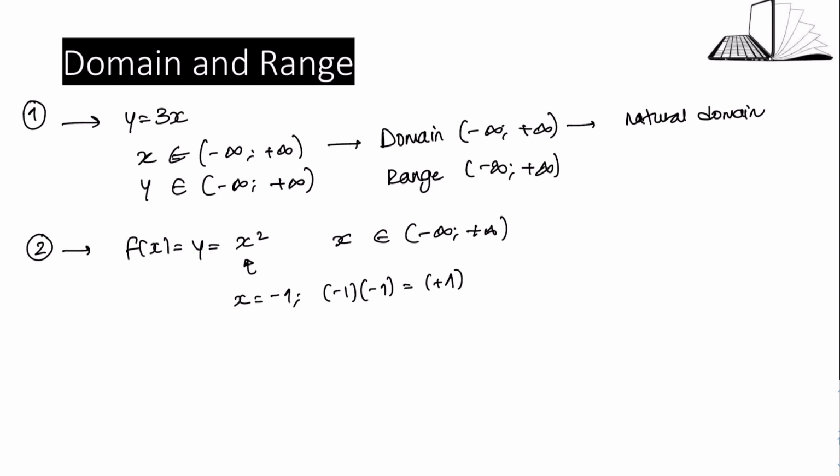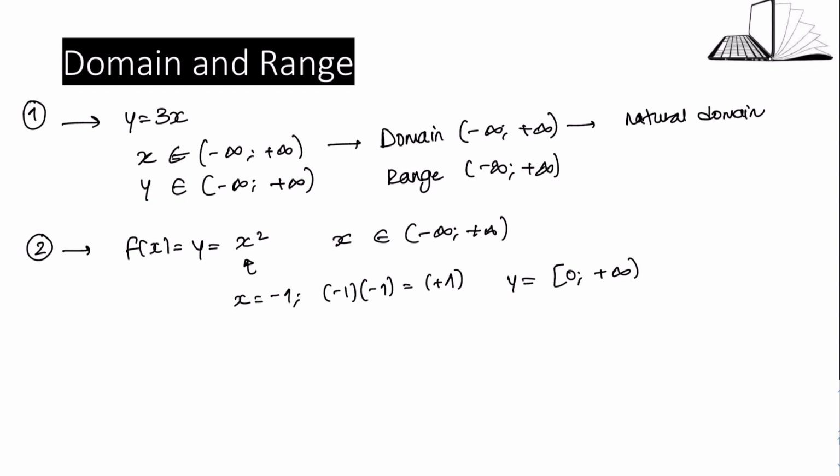The possible values of y are going to be from 0 to plus infinity. So here the domain has no restrictions. The values of x can vary from minus infinity to plus infinity, whereas the values of y can vary only from 0 to plus infinity.